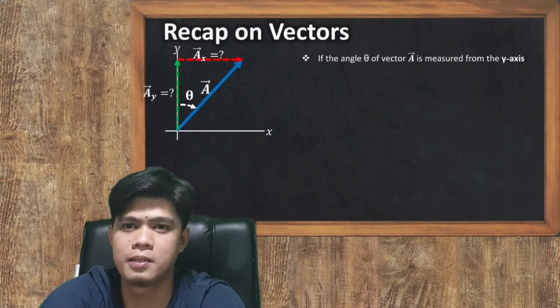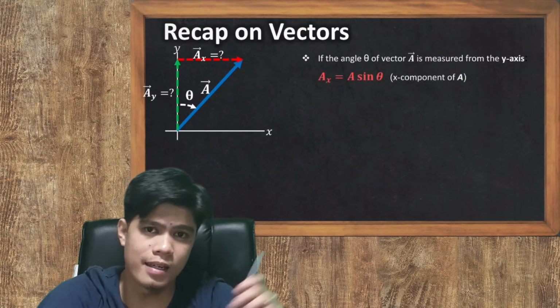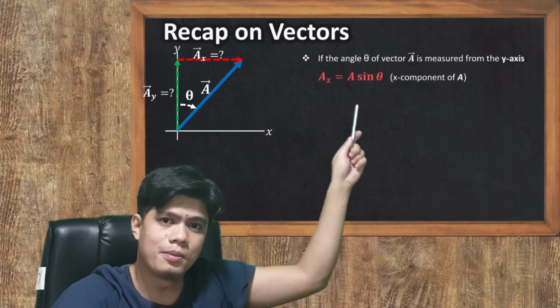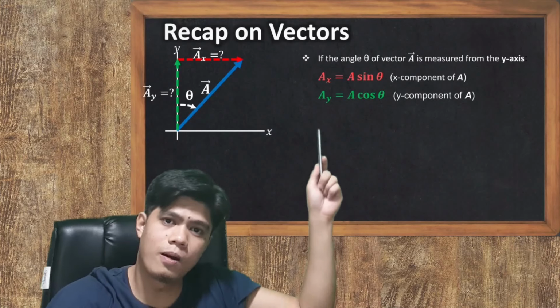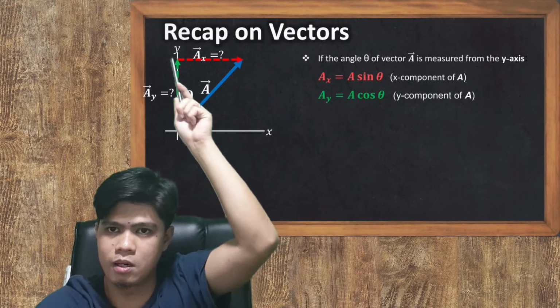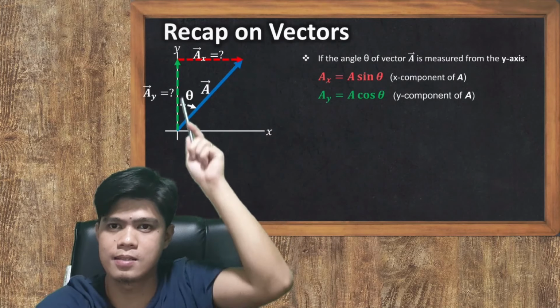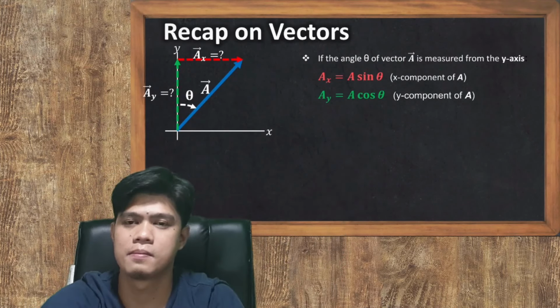From our trigonometry, we know that the adjacent side is the cosine and the opposite side is the sine. So AX now is equal to A sine theta and AY is equal to A cosine theta. So opposite, adjacent: A sine theta, A cosine theta.